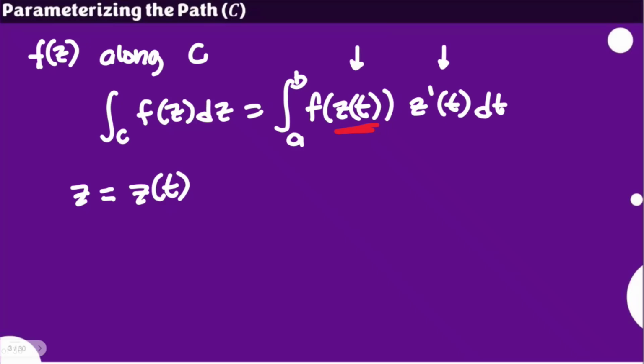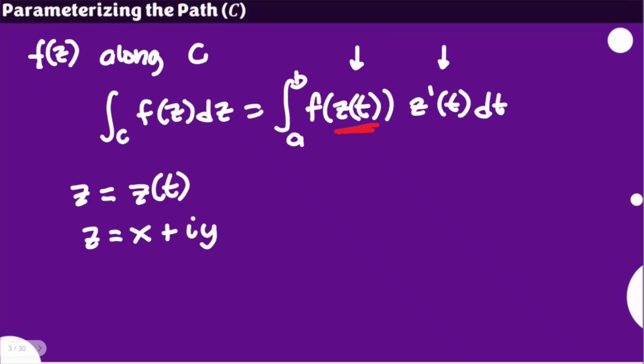And take note, this z of t, a function of real variable t, is different for every function and every path that you can think of. So there are different forms of parameterizing the path. Of course, we know that z is a complex number x plus iy, right?